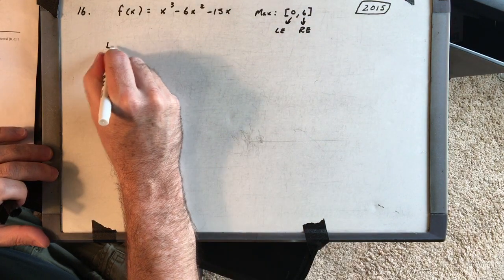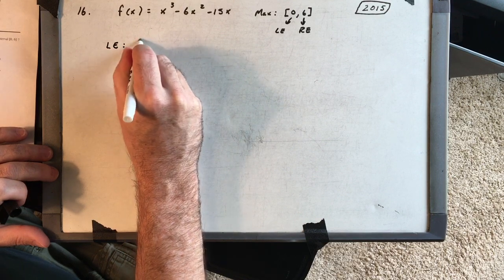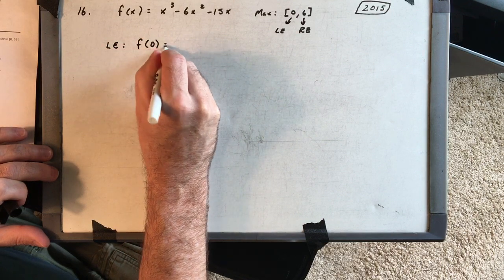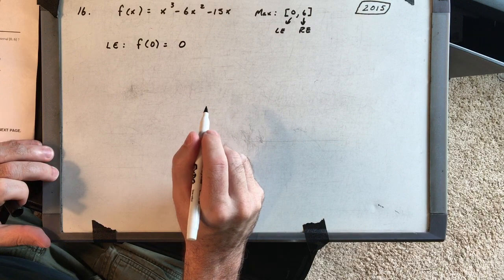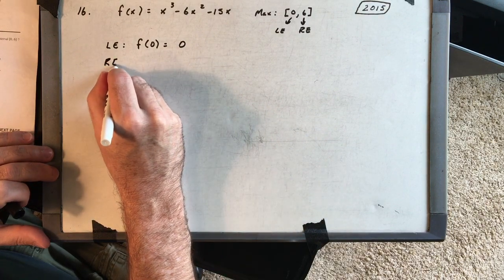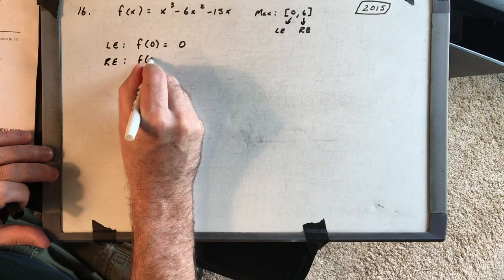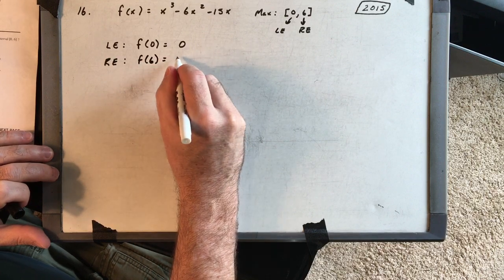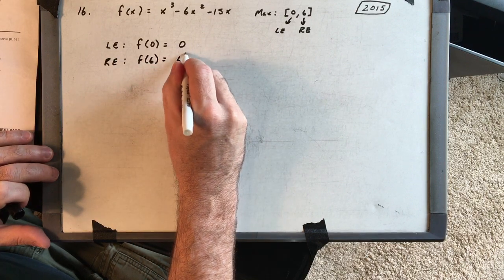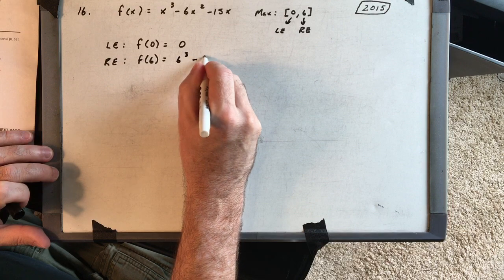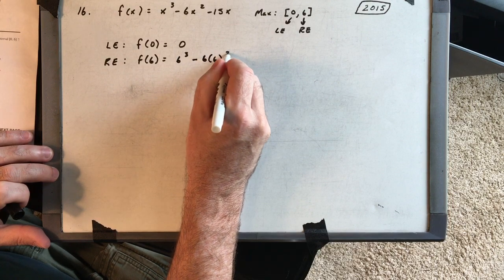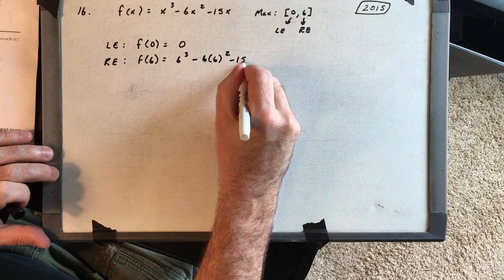Our left endpoint, you just put in f of 0. So that's going to be 0. The right endpoint is f of 6. So that is 6 cubed minus 6 times 6 squared minus 15 times 6.